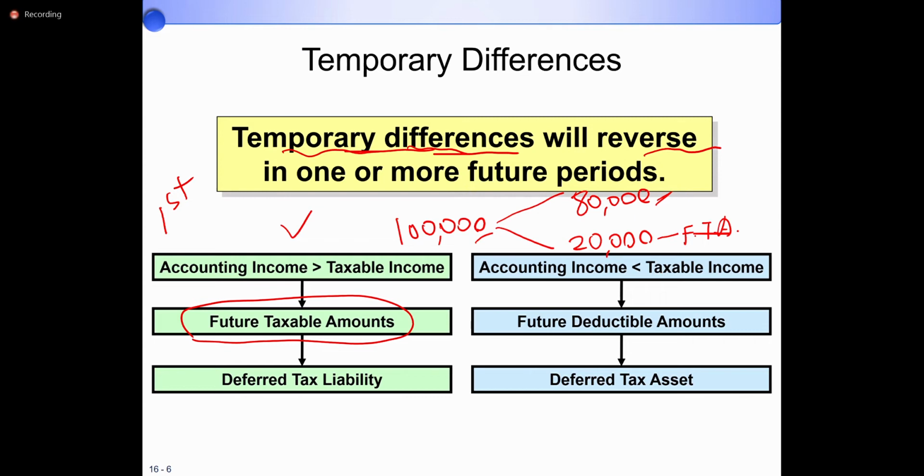The tax on the 80,000 at 10% is $8,000, which is the tax we owe right now. You can call that income tax payable. The corporation needs to pay tax by March 15 next year, so that liability will be due by March 15 next year.